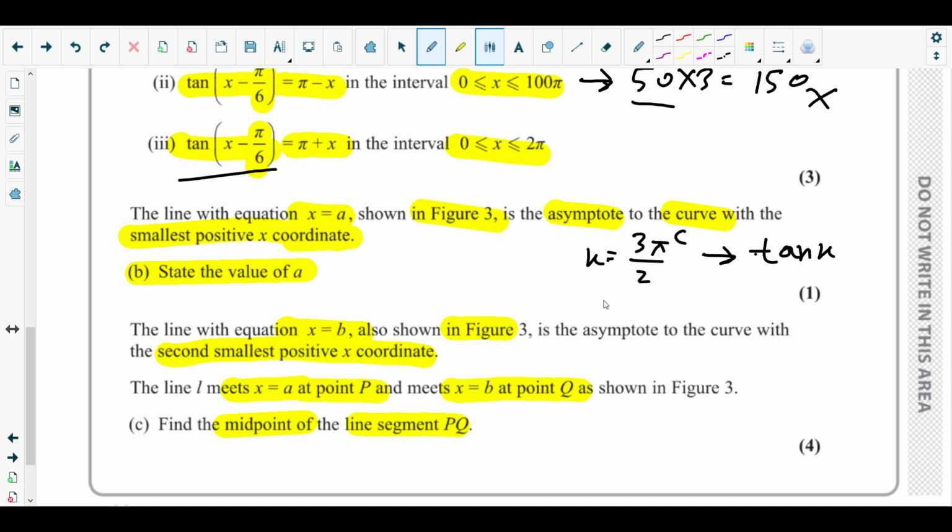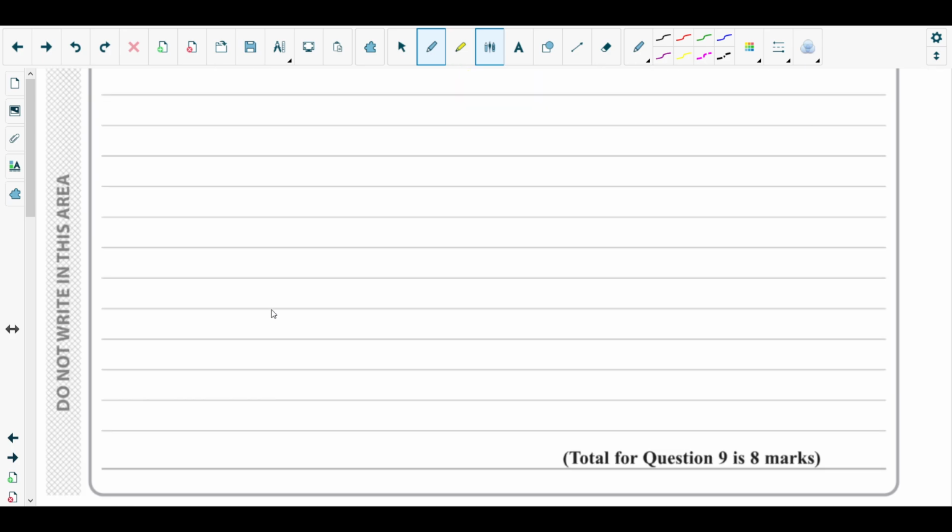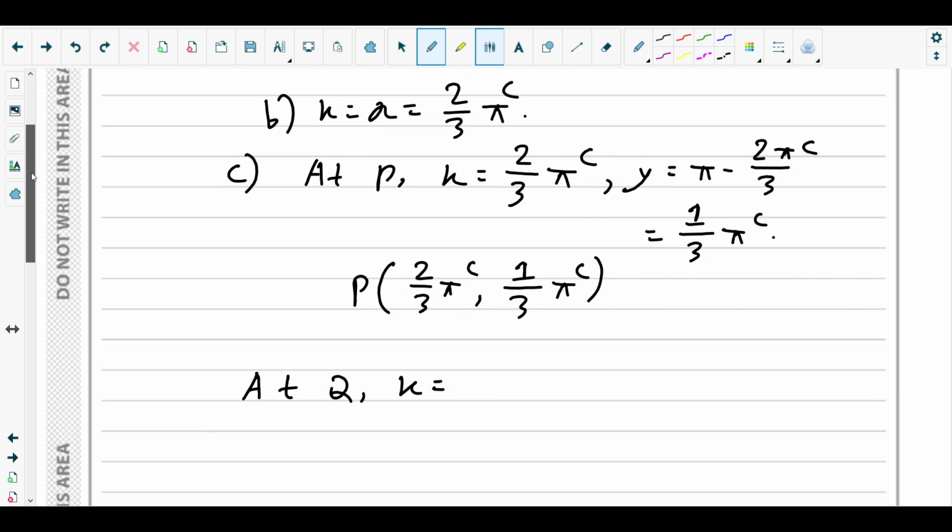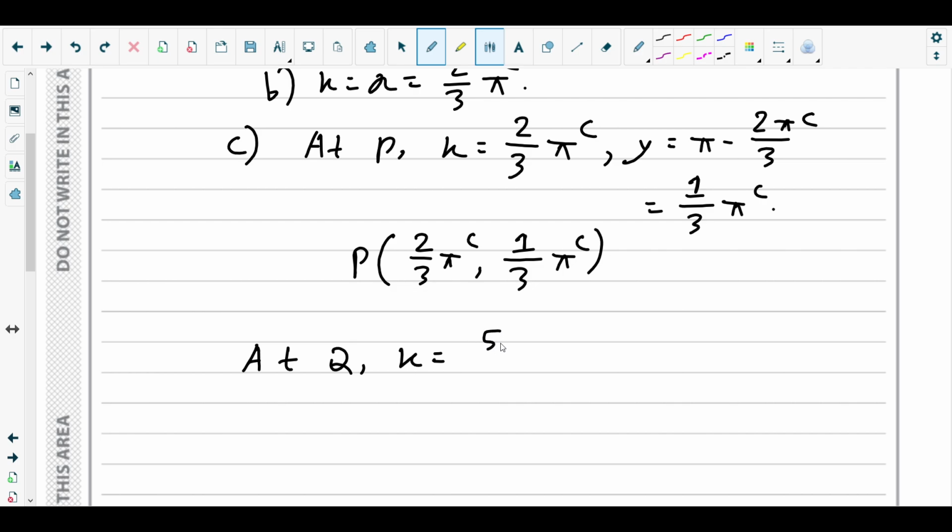So the x coordinate at point Q, x equals b, equals 3 pi over 2 plus pi over 6. 270 degrees plus 30 degrees is 300 degrees. So 300 times pi over 180 gives you 5 over 3 pi radian. This is the x coordinate of point Q, that is 5 pi over 3 radian.